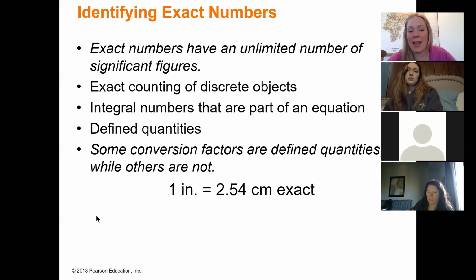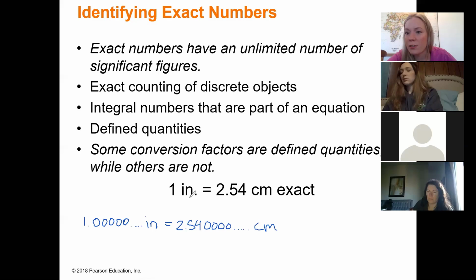So it's like saying 1.00000, and the zeros go on to infinity, inches is equal to 2.540000, like my precision is all the way out to infinity centimeters. They don't put all the zeros in there, but it's assumed. So anytime you're counting discrete objects or using conversion factors like this, we're going to say that there's an unlimited number of sig figs.